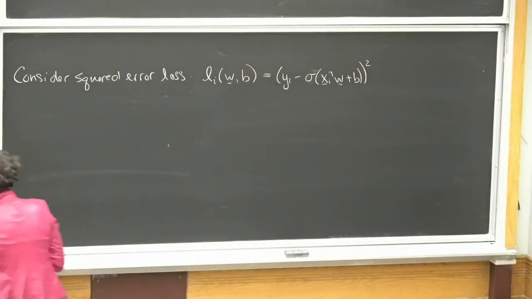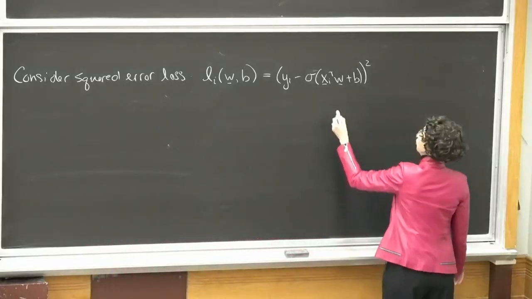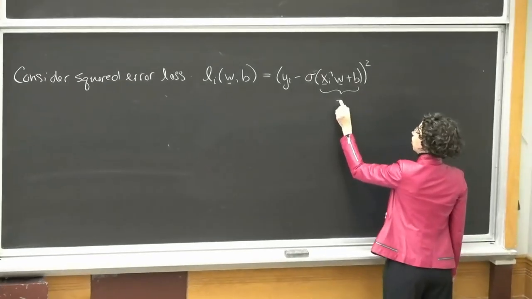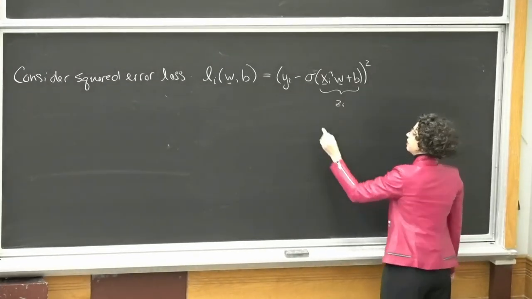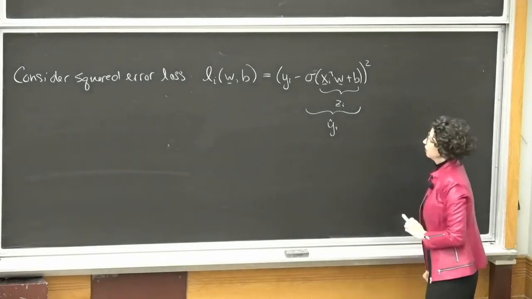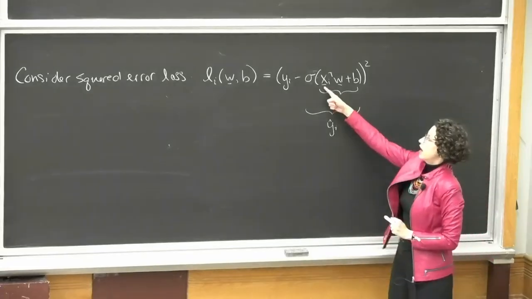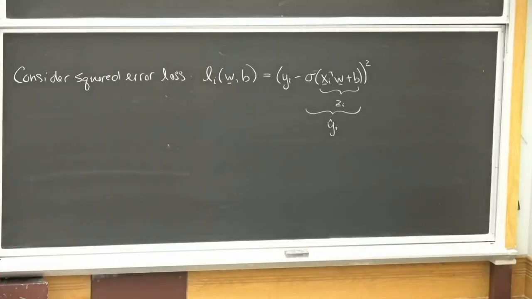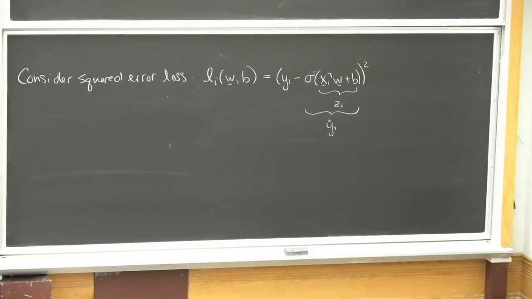What I'm going to do is introduce a little notation that's going to help us with computing gradients here. Inside the sigma, I'm going to call this z_i. Then after computing the sigma, I'm going to call this y_i hat. If I feed an x_i into my network, then looking back at our little graphical picture, what's being fed into this node, where the sigma is drawn inside, is z_i, the inner product of x_i and w plus b.